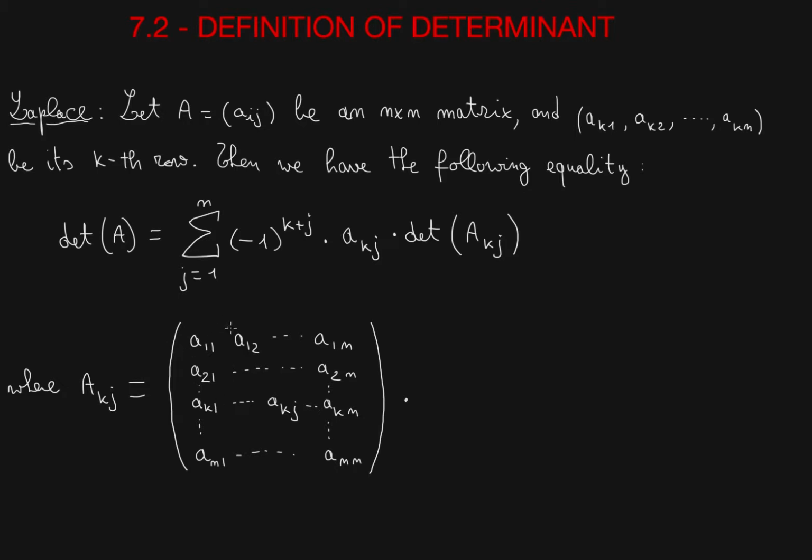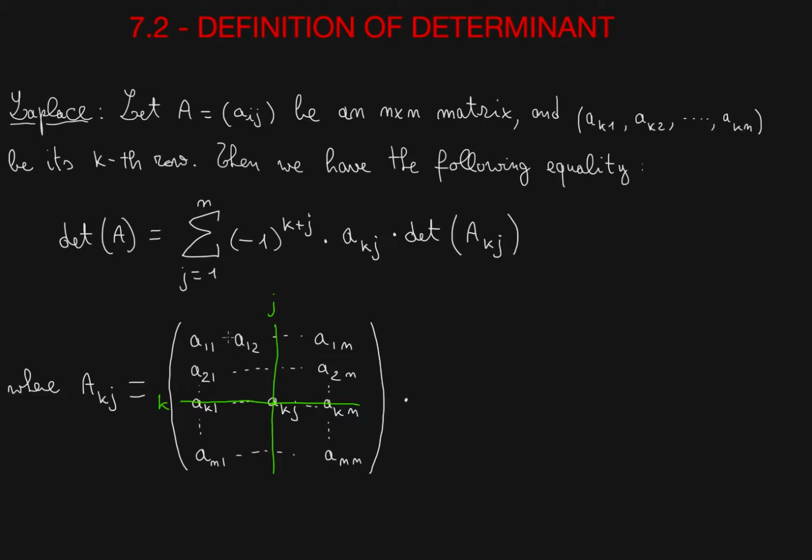Here I just wrote the coefficients of the matrix A. In order to derive Akj, we have to remove the jth column and the kth row.